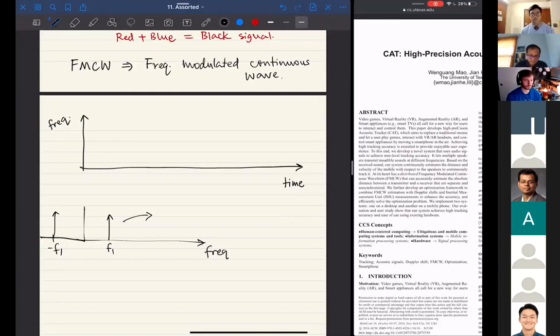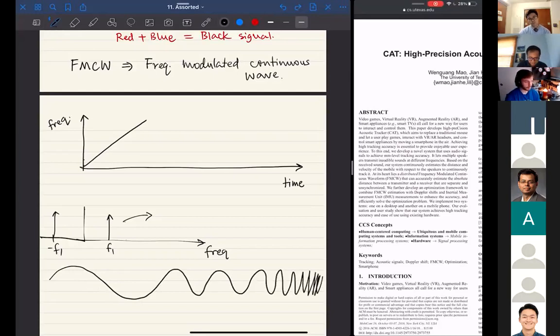So FMCW says, let me take a sine wave, but I will keep changing its frequency. So that signal would look like the following. I'll keep changing its frequency over time. So the signal will be like, I start off with a low frequency, and then I increase my frequency, then I increase my frequency, then I increase my frequency.